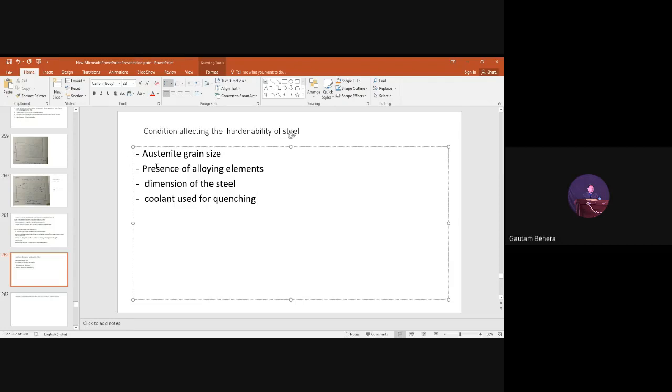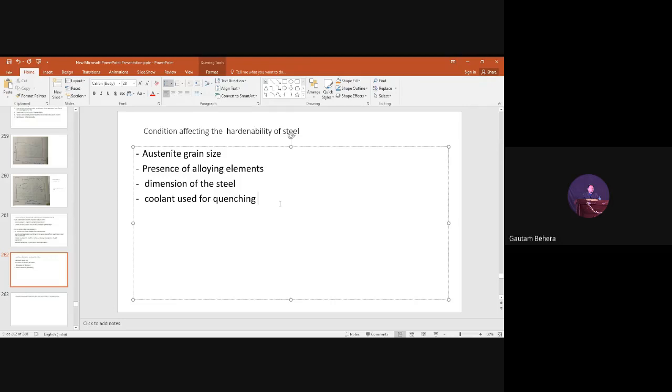Right now, I'll tell you one important point as an overview. Austenite grain size should be larger to get high hardenability in the steel. You should remember. If more alloying element is present, hardenability is achieved more easily. The dimension of the steel should be minimum; the thickness should be less so that we get a martensitic microstructure everywhere.